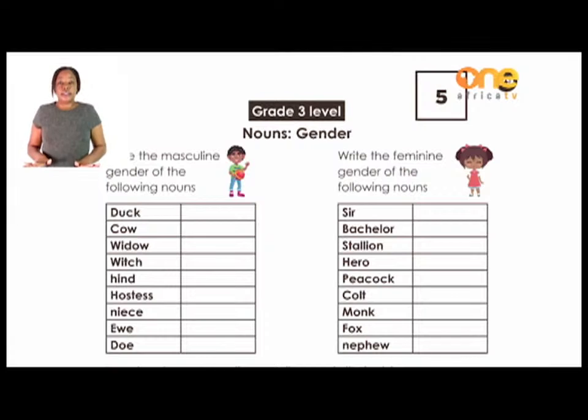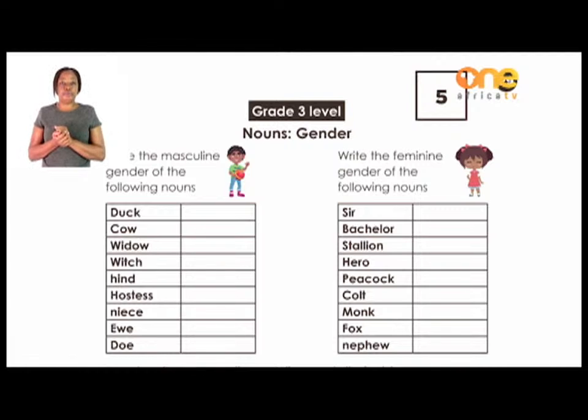So masculine refers to the boys' side, and feminine refers to the girls' side. Are we together? So our gender, we only have two genders. It's either you are a male or you are a female. You are a girl or you are a boy. Are we together? That is what gender means.